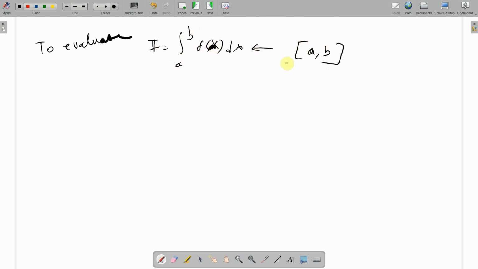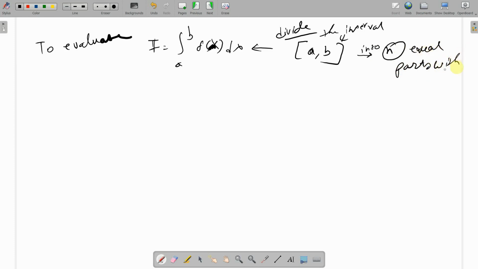So the first step would be to divide the interval ab into n equal parts with step size h, just like we used to do in the numerical differentiation method.